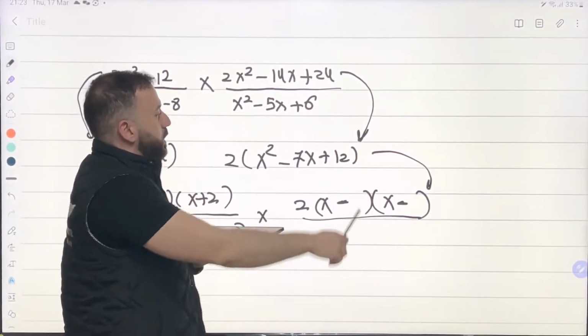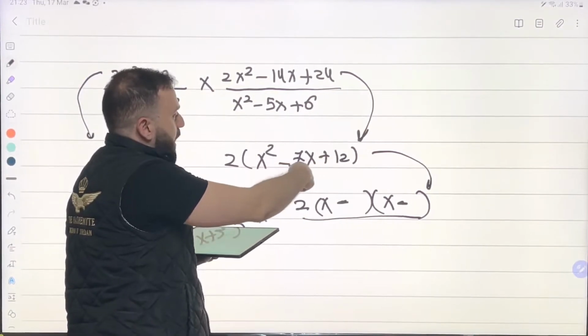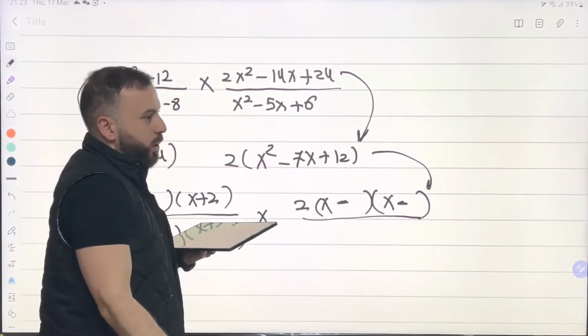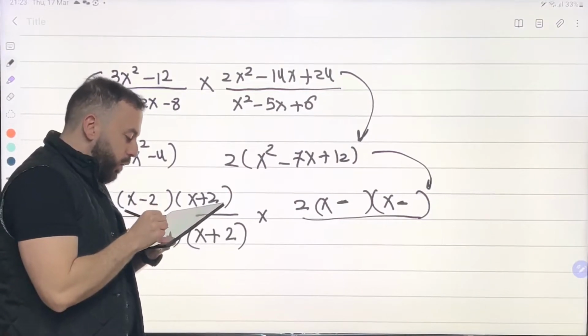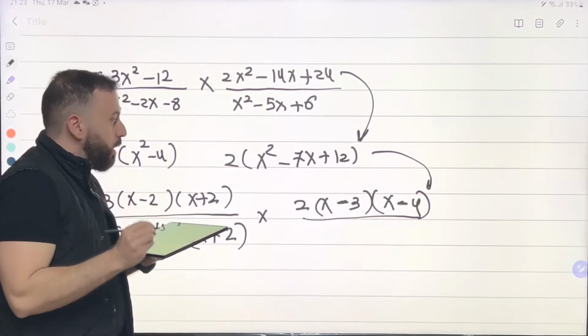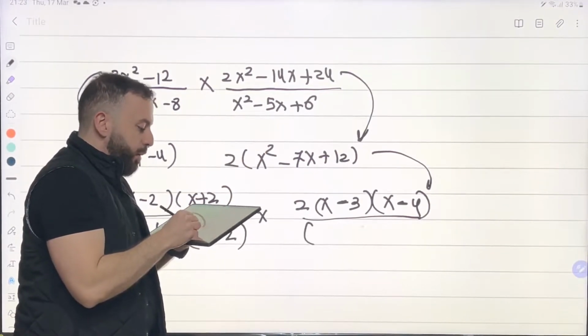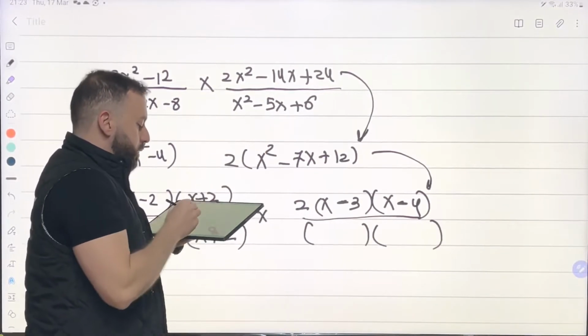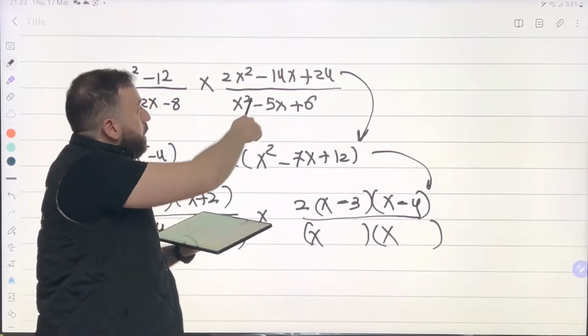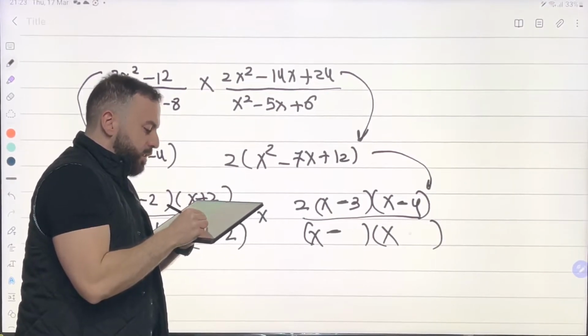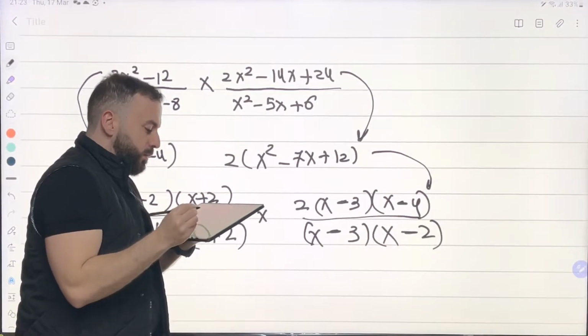Two numbers, their multiplication is 12 and their sum is negative 7. What are they? 3 and 4. Okay, and in the denominator, another bracket here. So x minus, times plus, minus minus 3 and 2.